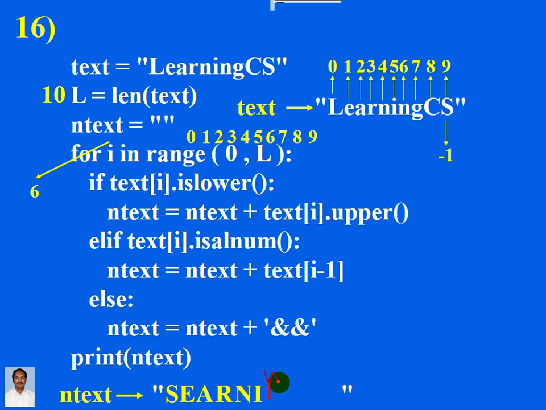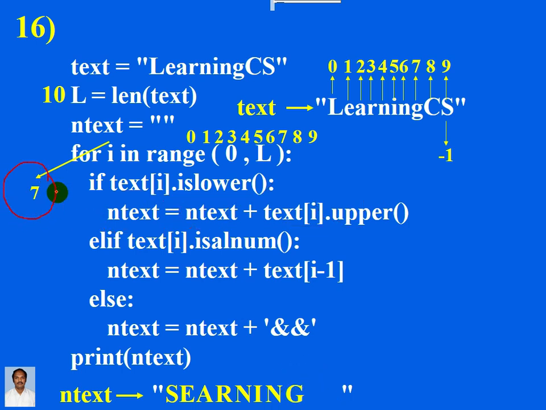So here one capital N comes. I takes the next integer in the range, 7. Now text of 7, what will you get? Small g. Small g dot is lower. True. So this will be executed. N text concatenated with small g dot upper. So here you get capital G, that is assigned to N text. So here you get capital G.